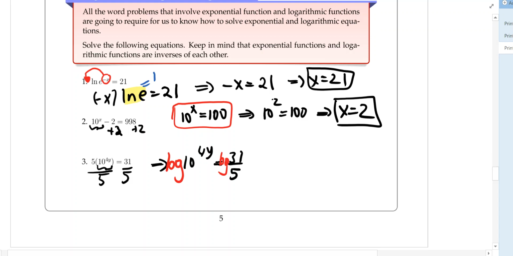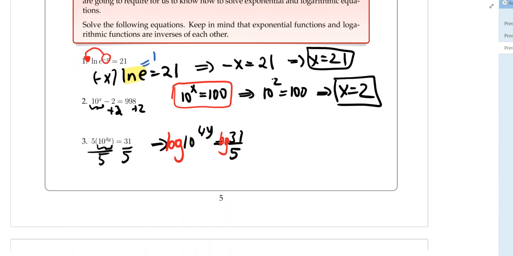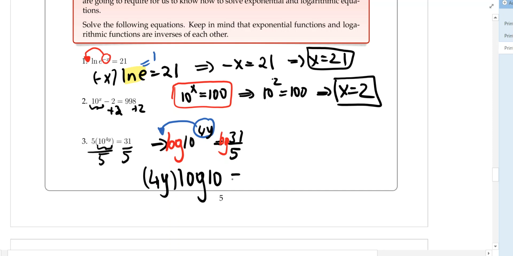And now I have the rule of exponents that allows me to move this exponent in front of the log. So now I'll have 4y, the whole exponent comes down in front, times log of 10 equals log of 31 over 5. So I applied log to both sides.